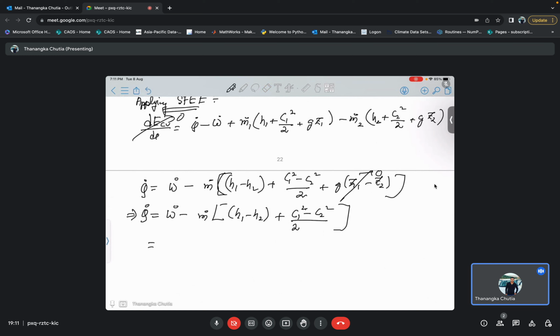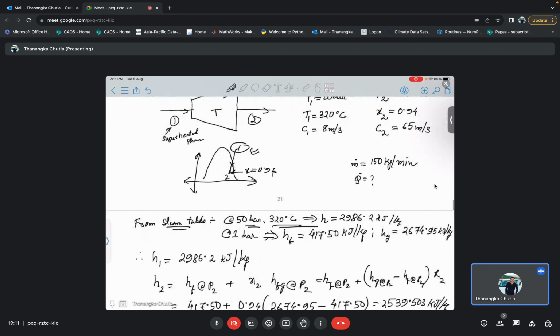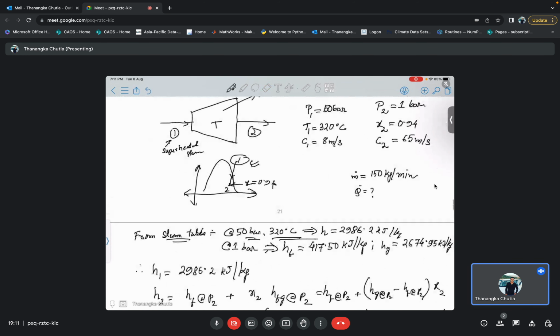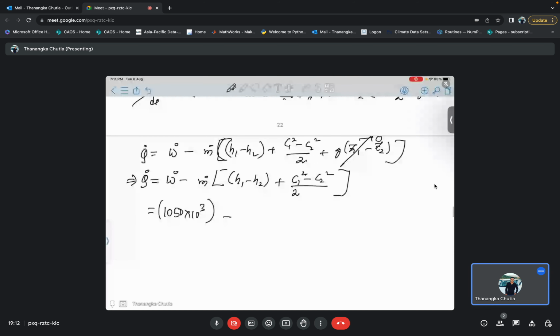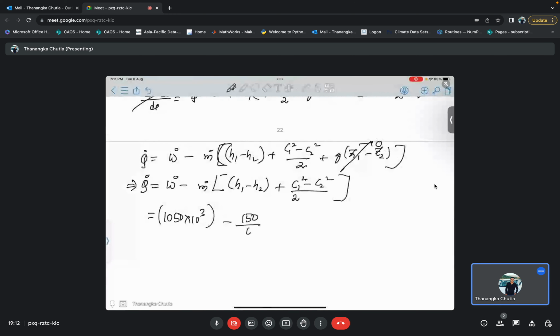So what is W dot here? W dot is the work produced, and work produced is positive, so that is 1050 megawatt, 1050 into 10 to the power 3, converting this into kilowatt. m dot is 150 by 60 kg per second.